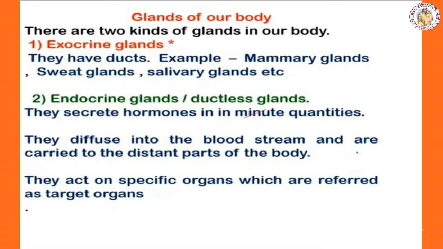These glands are called ductless glands. Their secretions are called hormones, which are produced in minute quantities, diffuse into the bloodstream and are carried to a distant part of the body. They act on a specific organ, which is referred to as the target organ.